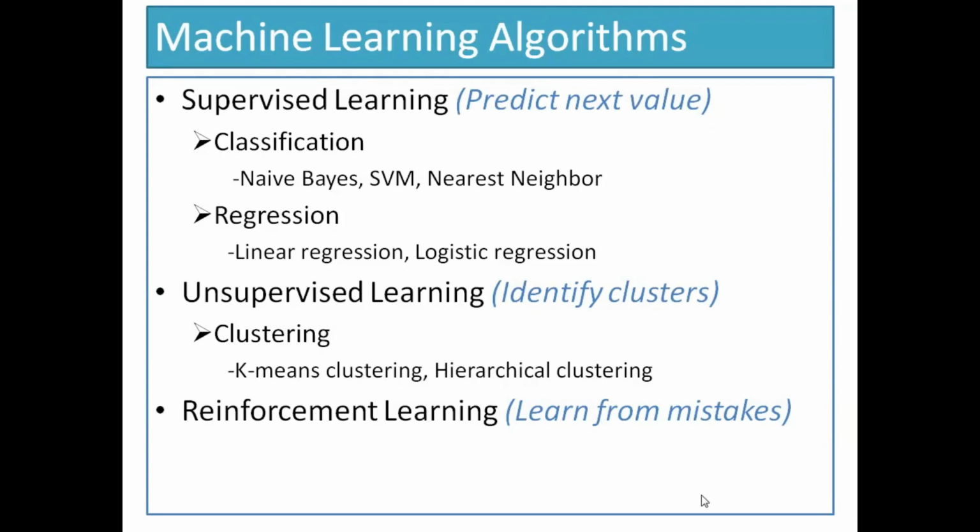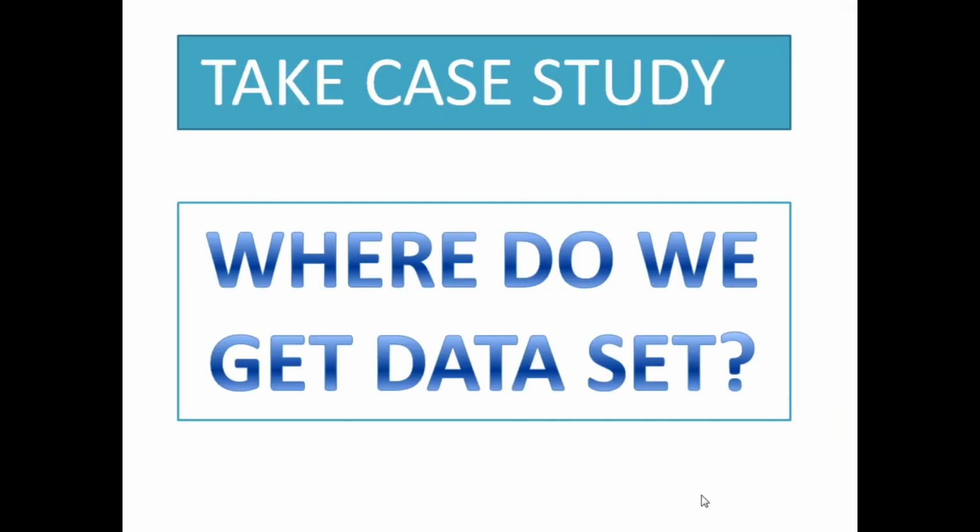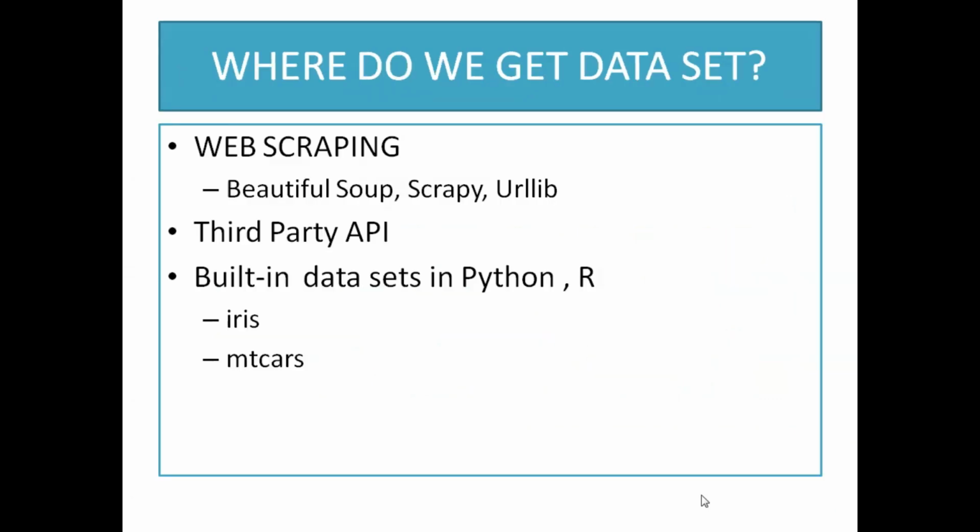Now for a case study, we need a data set. Okay. So now the big question is, where do we get a data set for our case study? We can get the data set either by using web scraping, where Beautiful Soup, Scrapy, and urllib are there for web scraping, or we can take help from a third party API.